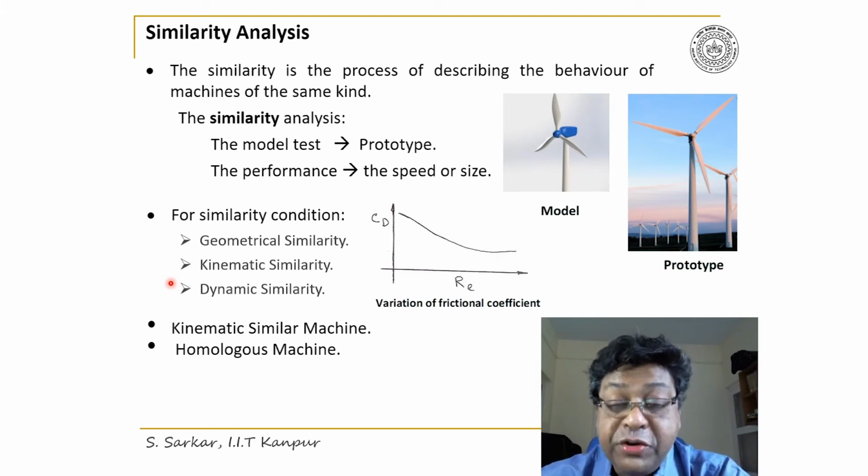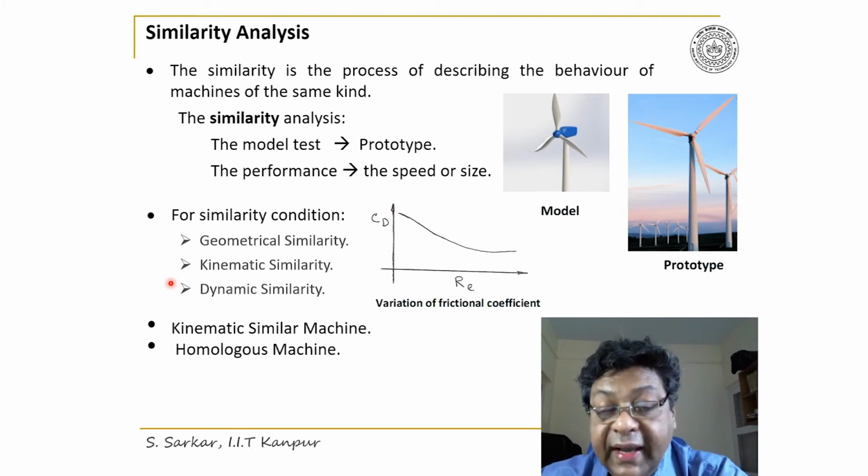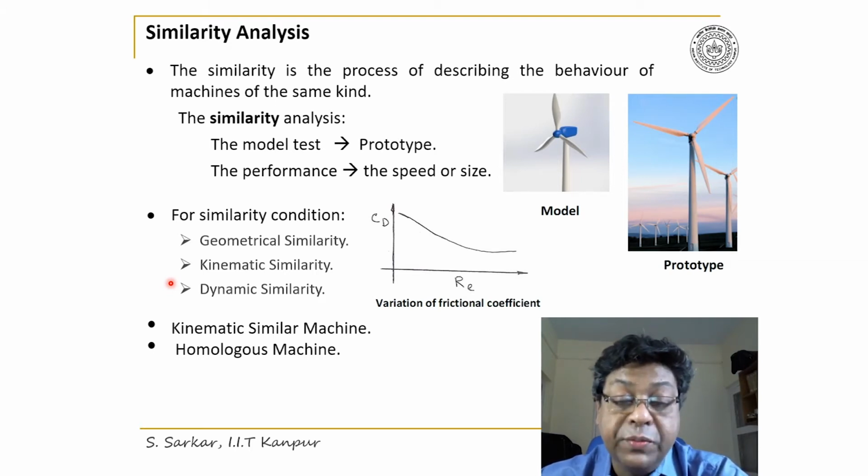The ratio of corresponding velocities remains invariant, and the corresponding angles of the velocity triangle too. Suppose we take a velocity triangle for the model and that of the prototype, then the corresponding angles have to be the same.